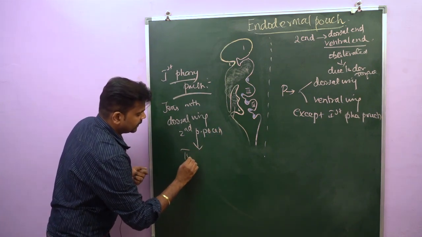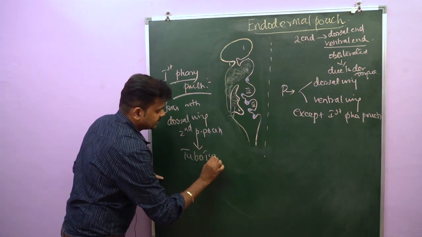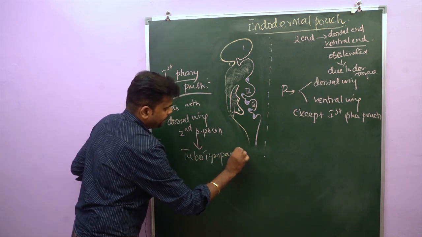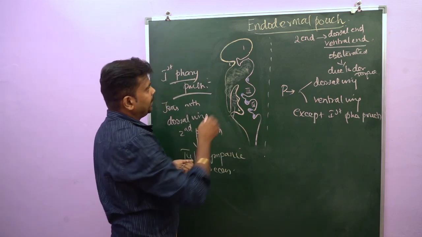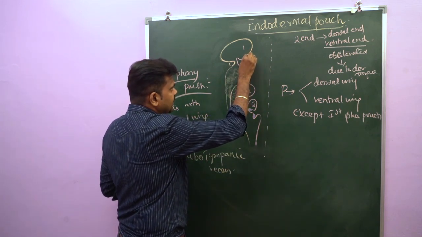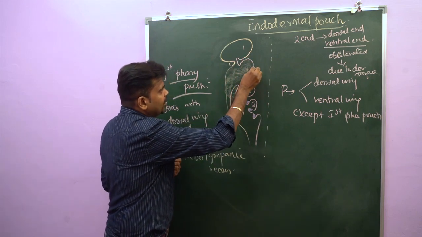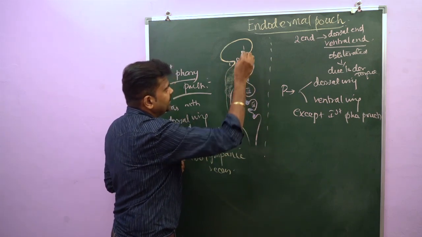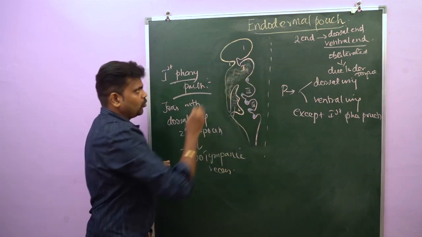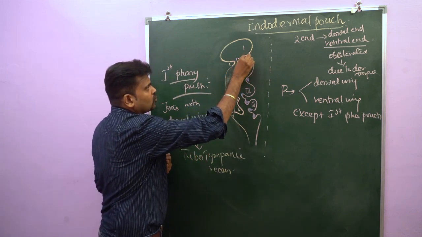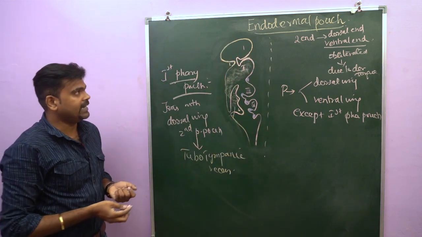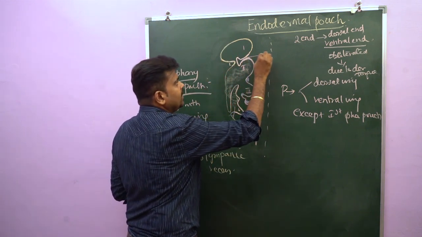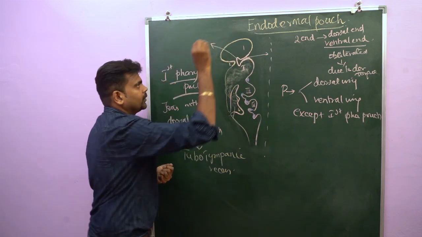The name of the recess is the tubotympanic recess. You can see in this diagram the pink color; this is the first endodermal pouch. This first endodermal pouch joins with the dorsal wing of the second pharyngeal pouch to form a recess called the tubotympanic recess. This tubotympanic recess consists of a medial part and a lateral part.